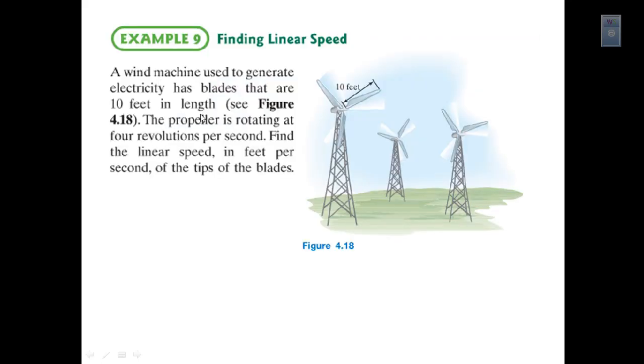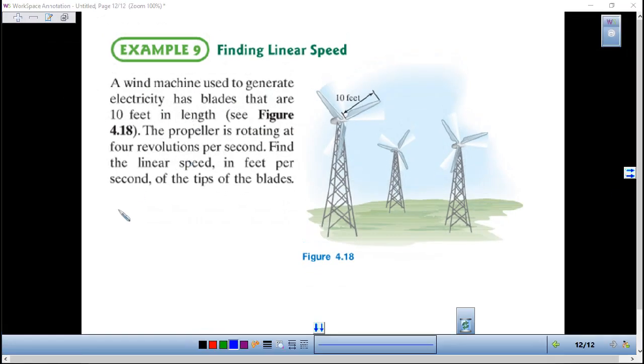All right, so a wind machine used to generate electricity has blades that are 10 feet in length. So write that down. R equals 10 feet. The propeller is rotating at 4 revolutions per second. Find the linear speed in feet per second of the tips of the blade.